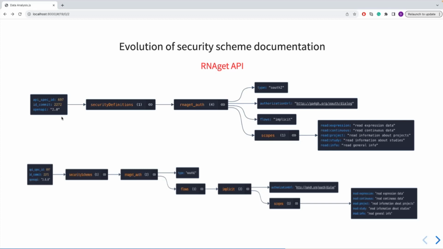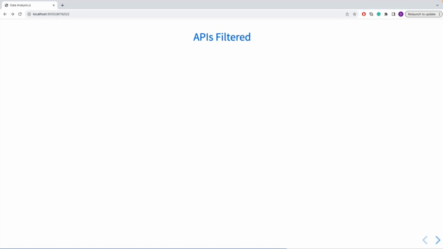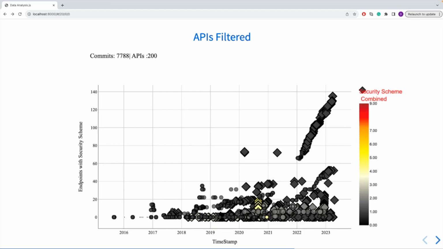Then this API changed to use security schemas and define the same components, but with different documentation, in this case for the 3.0 version. So we can see a restructuring of the security elements in the API. I filtered the APIs that have this behavior, starting with 2.0 and moving to 3.0. I found 200 APIs that have this behavior.